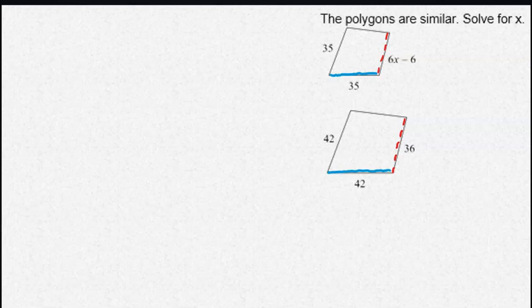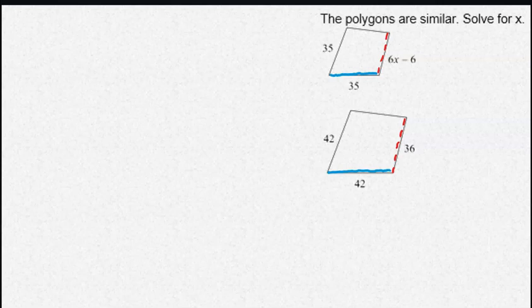The easiest way in that case is to judge it by size. Or we can notice that we have 42 and 42 and 35 and 35. Those sides probably correspond. So that means the 6x minus 6 corresponds with the 36.